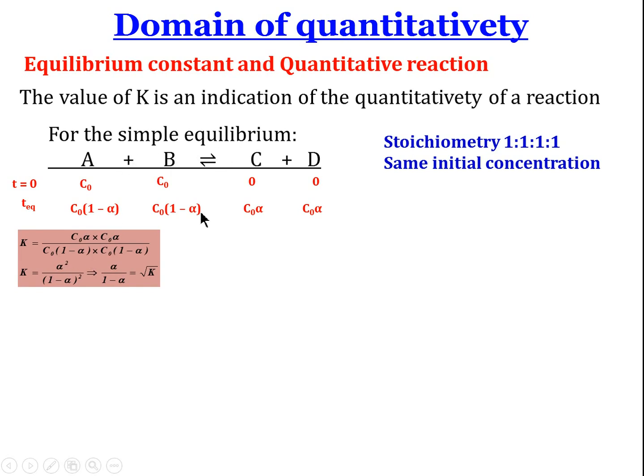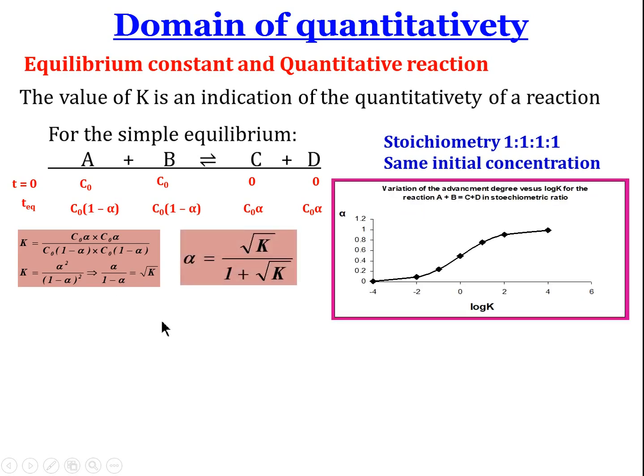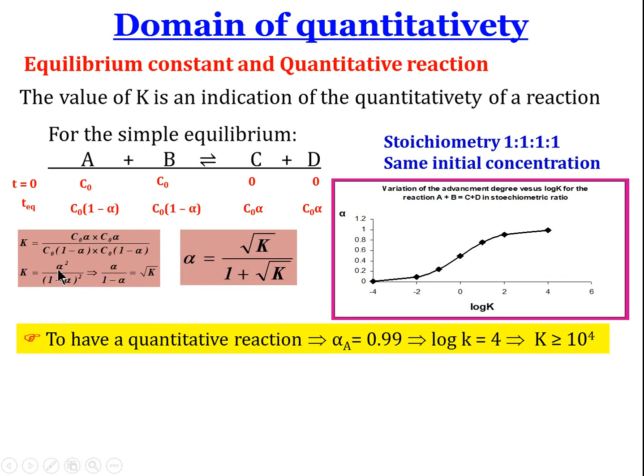What is the condition of quantitativity for this reaction? A reaction is quantitative when alpha equals 0.99 and a reaction is complete when alpha equals 0.999. To have a reaction quantitative, alpha should be equal to 0.99.